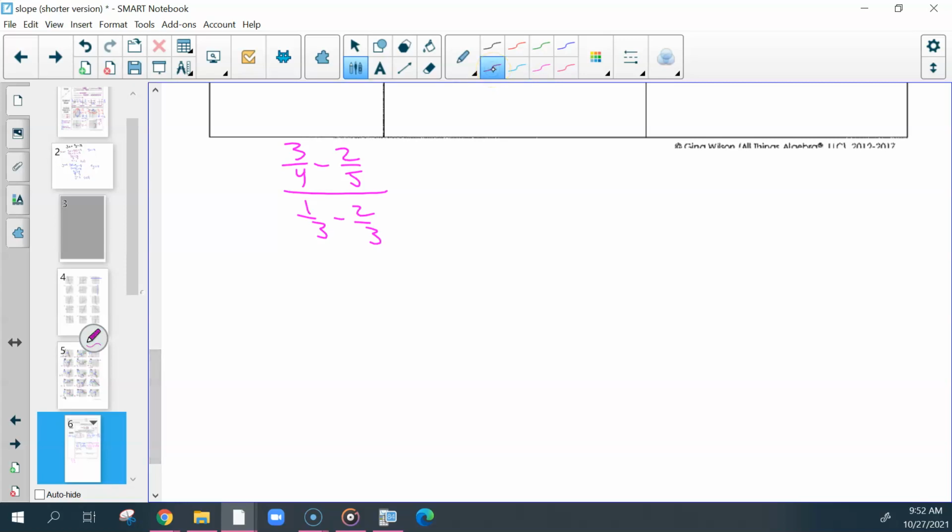So to get these to be 20, I would need to multiply this 5 by 4. Whatever I do to one part of the fraction, I have to do to the other. And then to get 4 to be 20, I would multiply that by 5. Whatever I do to one part of the fraction, I have to do to the other. So that would give me 15 over 20 minus 8 over 20. And my denominator fractions would stay the same.